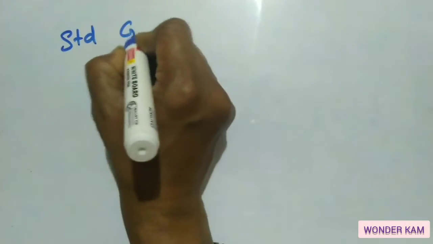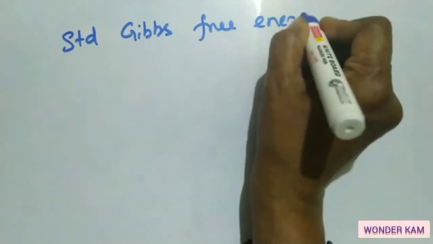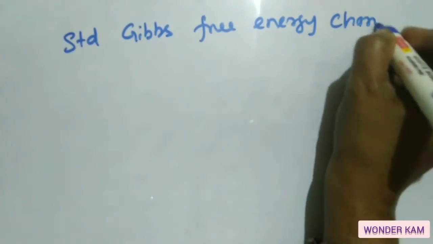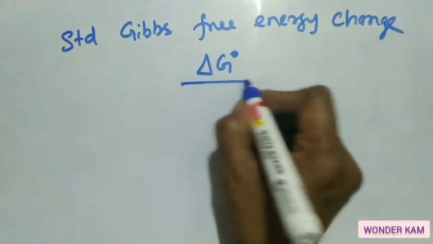So let us discuss standard Gibbs free energy change, which is denoted by delta G naught.